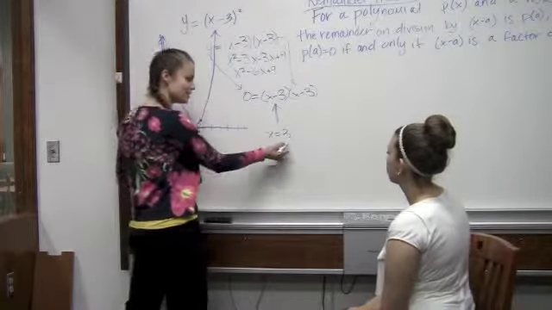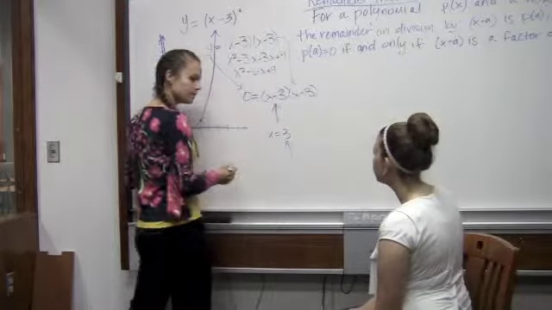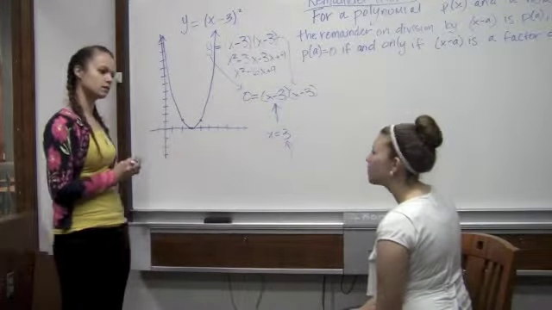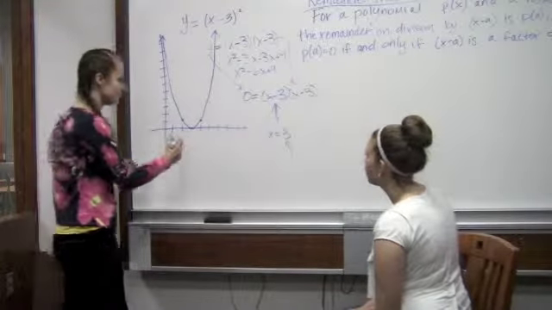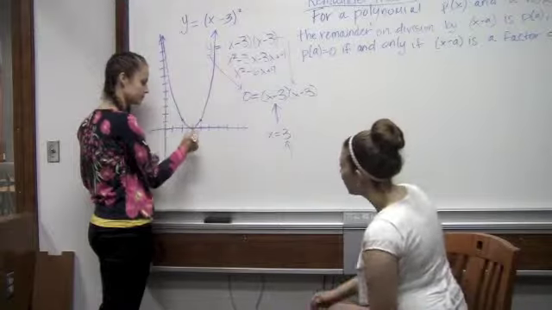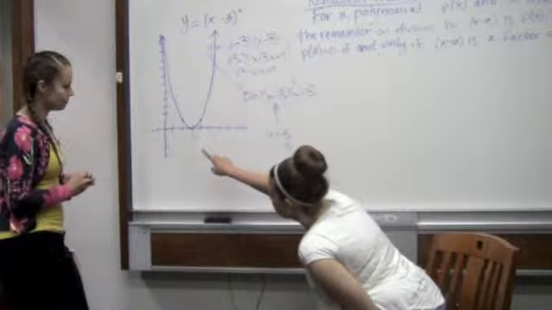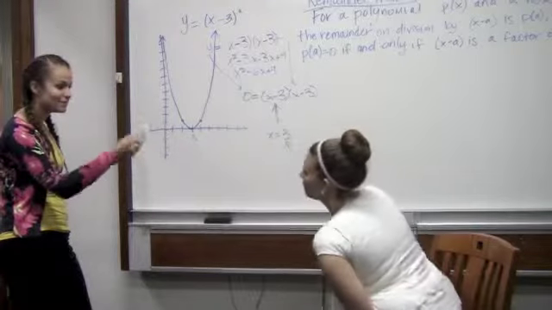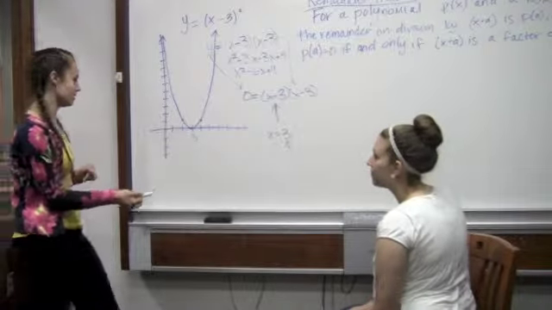So if that is our 0, then where should it cross the x-axis? At 3. So here when we have 1, 2, 3, is that because y is 0 and x isn't? Yes. Perfect. Good memory on what we talked about the other day.